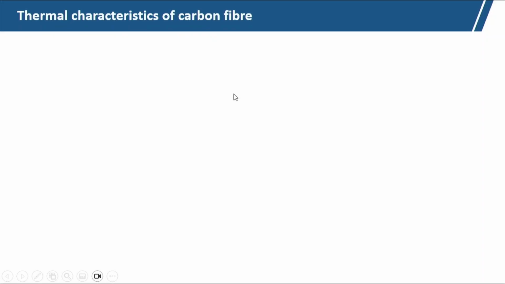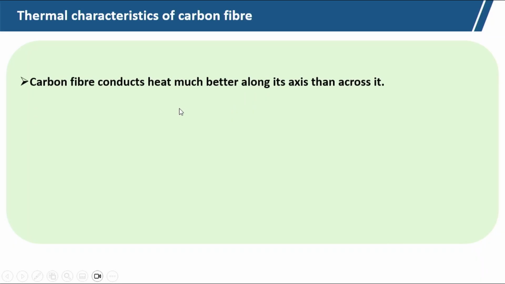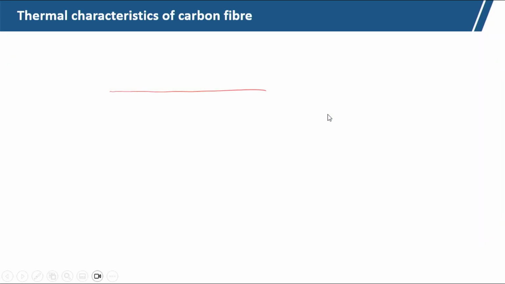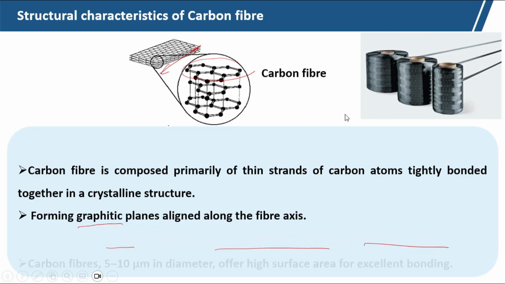So, let us see the thermal characteristics of carbon fiber. It conducts heat much better along its axis than across it.